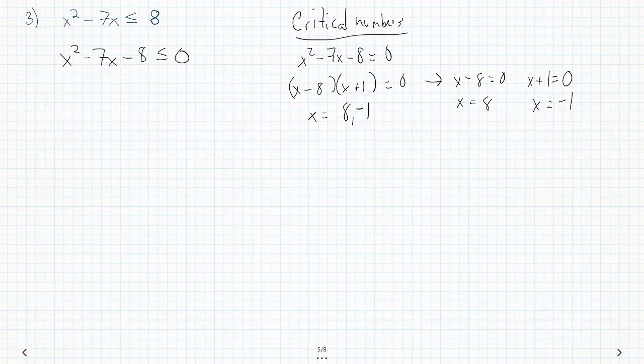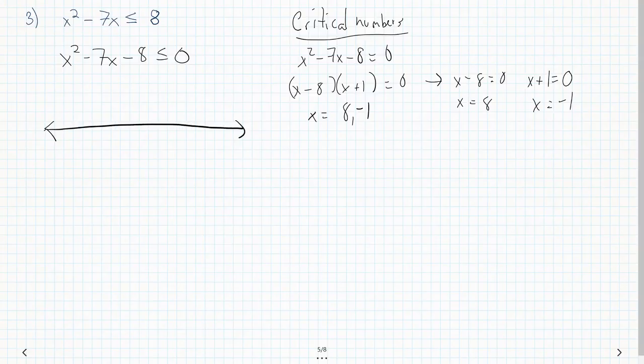So now what this allows us to do, there's a few different ways to do this. But first thing I like to do is draw a number line with those critical numbers. So you have negative 1 over here and 8 over here. Okay. And we know that when we plug that into x squared minus 7x minus 8, we get 0.